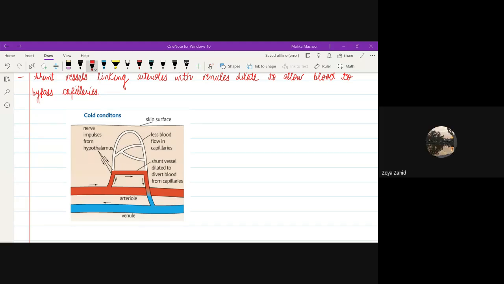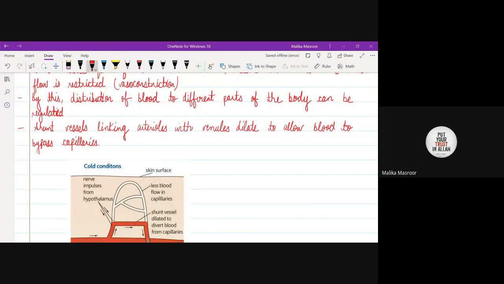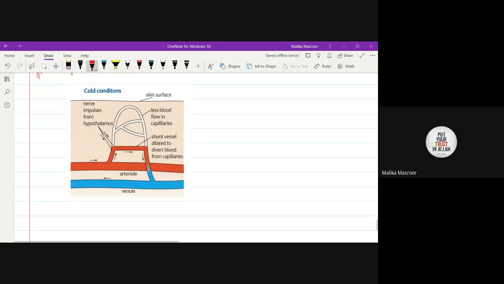Shunt vessels? Yes. Okay. See, a shunt vessel is basically a vessel present to bypass the capillaries that are passing near the surface of the skin. So in cold conditions, what happens? If blood flows near your skin, heat will be lost, right? And we need to preserve heat. In summers, your blood passes near the surface of your skin through your capillaries.